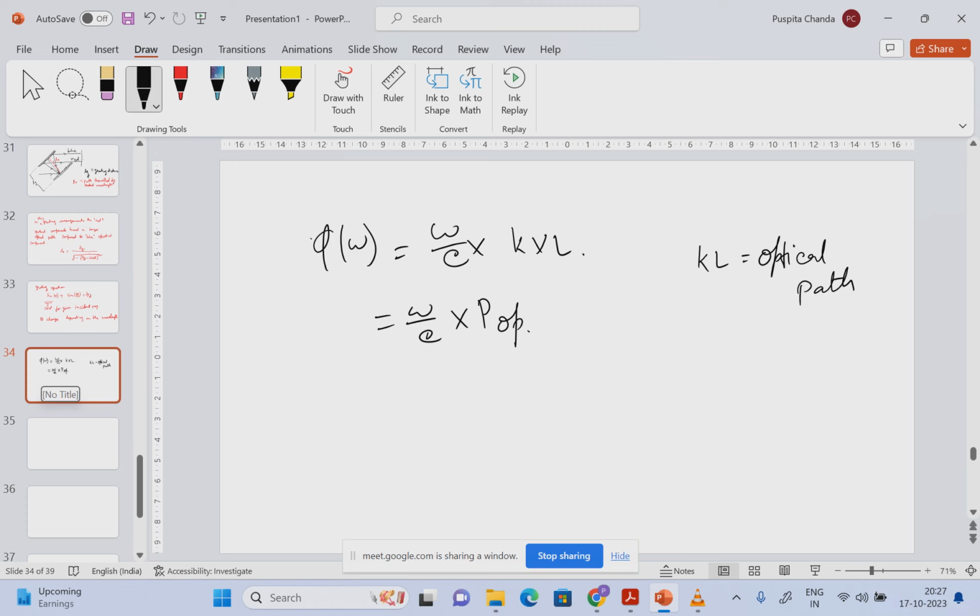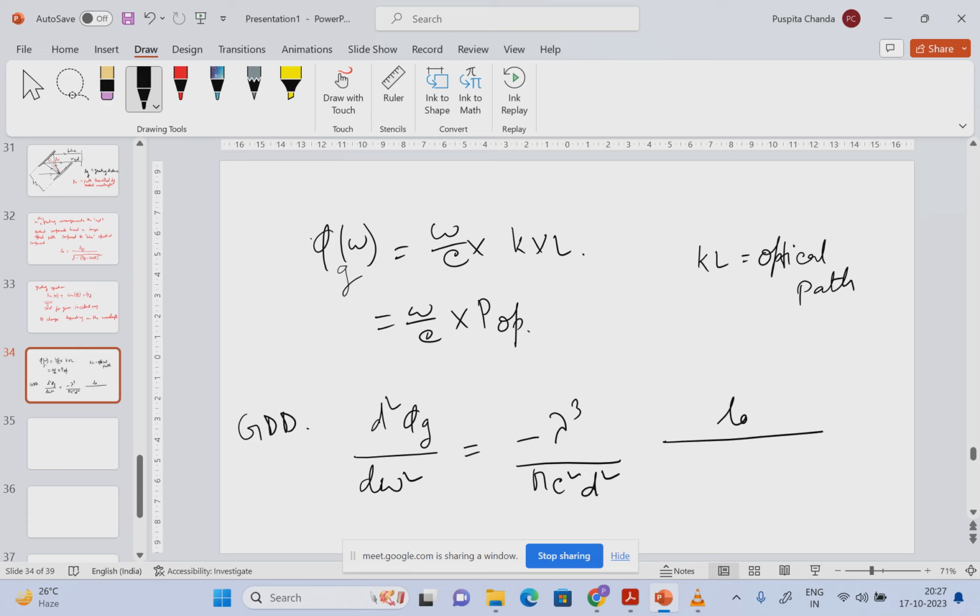So the GDD for the prism, grating arrangement is proportional to d square L naught, with theta as a function of lambda, whole square, and cos of it.